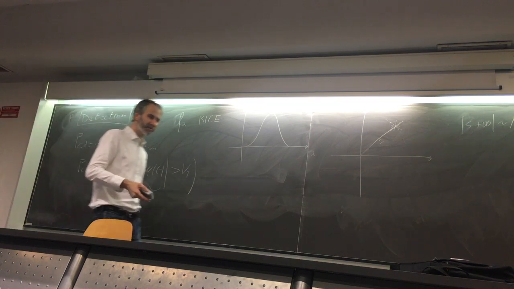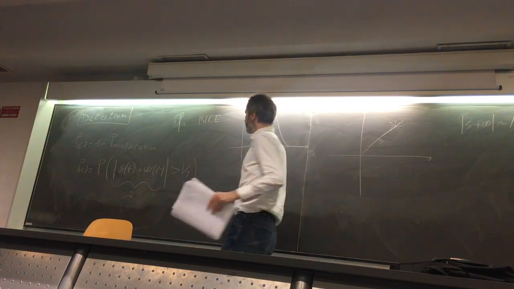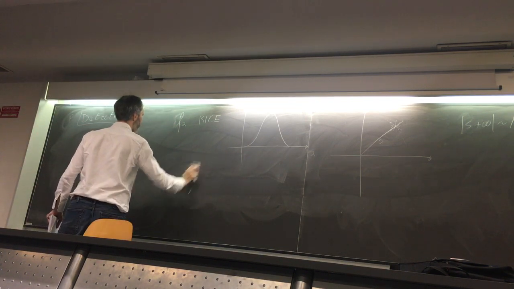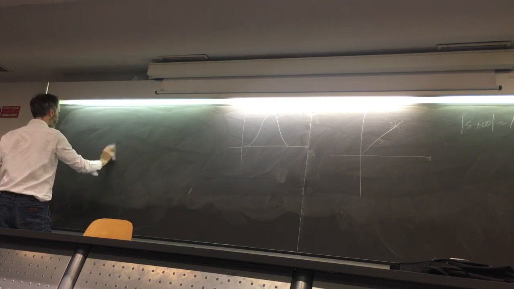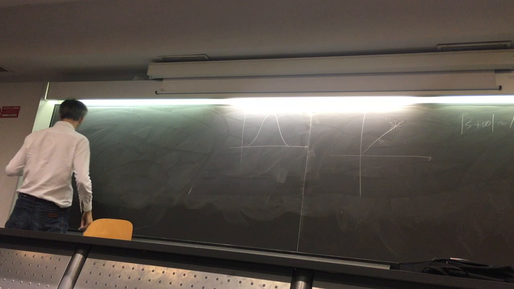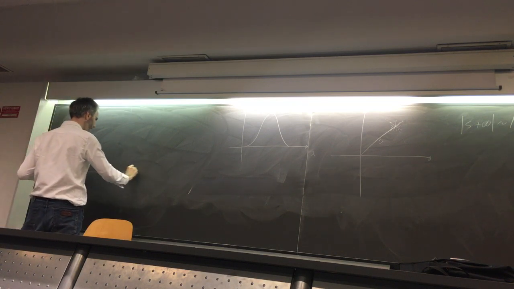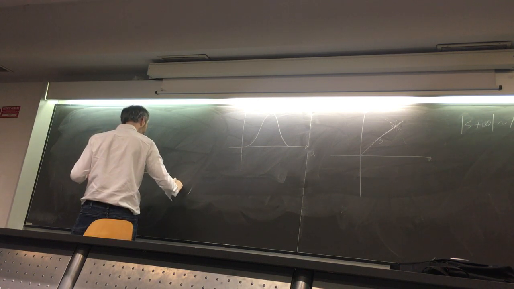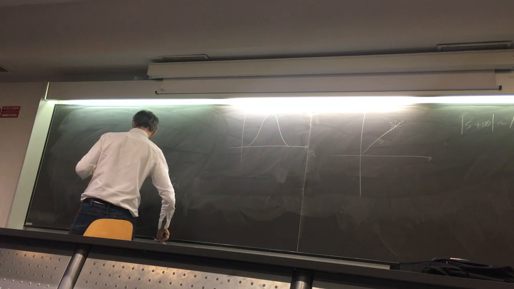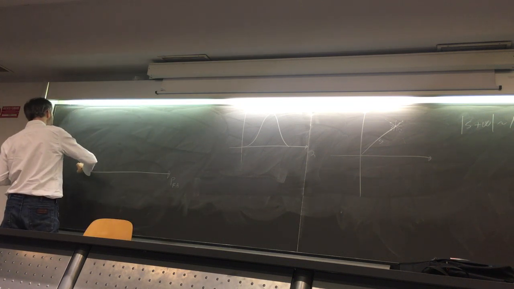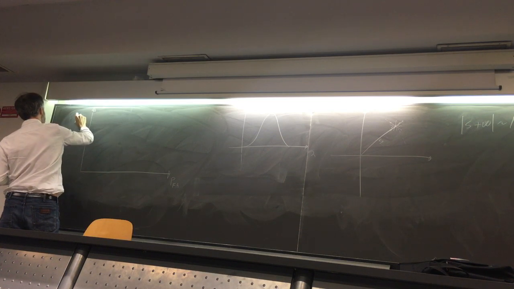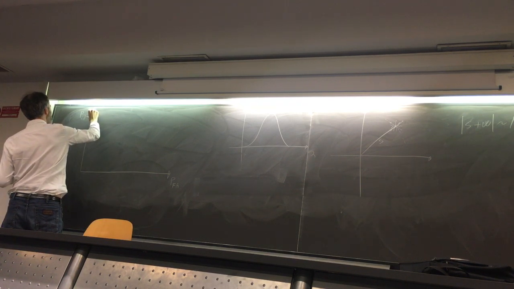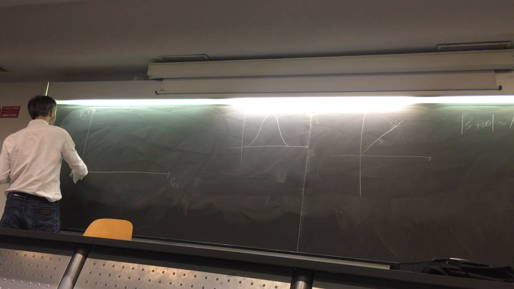And it's very interesting, for example, to do this graph. Usually you put here the probability of false alarm, and here the probability of correct decision. So of course this will go from 0 to 1 and 0 to 1.